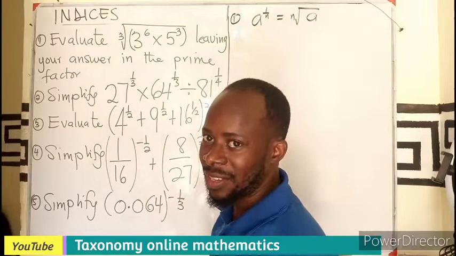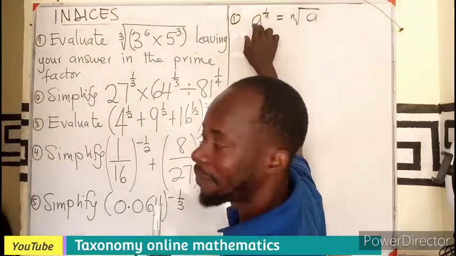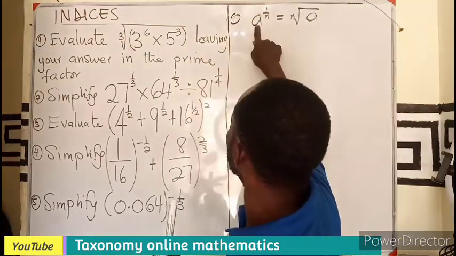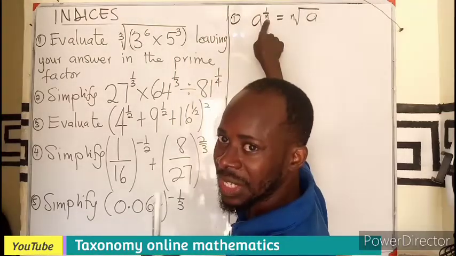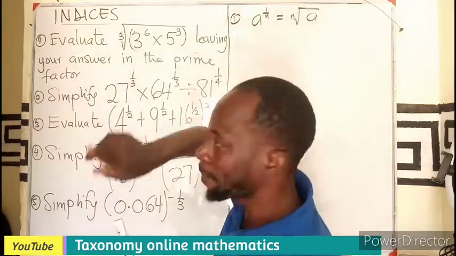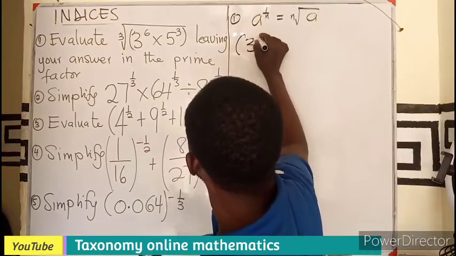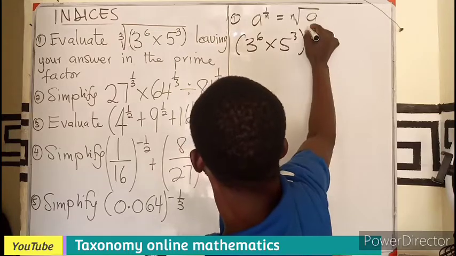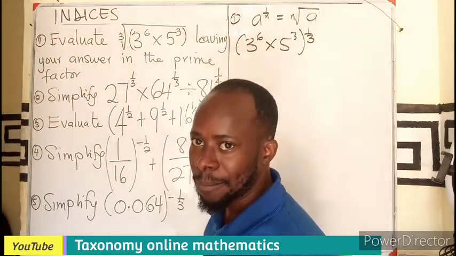Don't forget, since it's an equal sign, the left is equal to the right and the right is equal to the left. So if I'm having the nth root, then I can write this as an exponent of a fraction with denominator 3. So this could be written as 3 exponent 6 times 5 exponent 3, all to the exponent of 1 over 3.